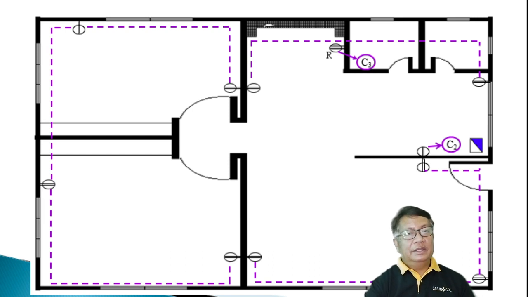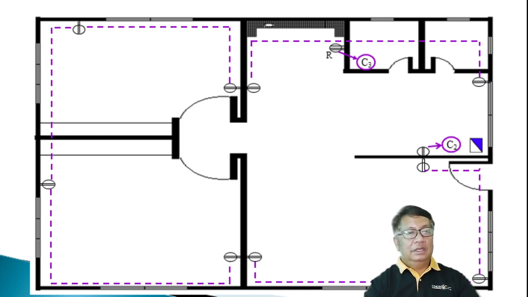Another suggestion, similar to your lighting branch circuit, is that you divide the number of convenience outlets into two or more branch circuits. Same reason: if there is some problem in any of the branch circuits, we still have another branch circuit that can be used anywhere in the building.